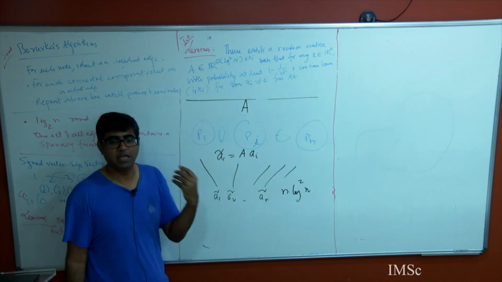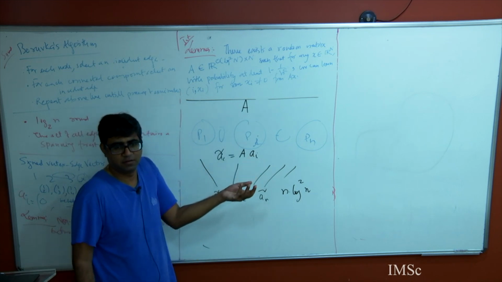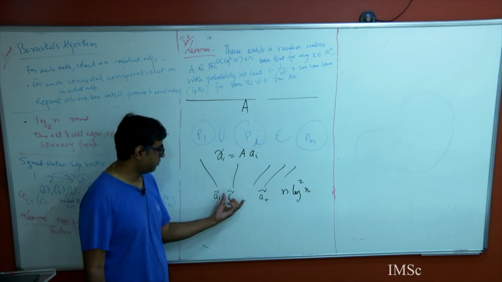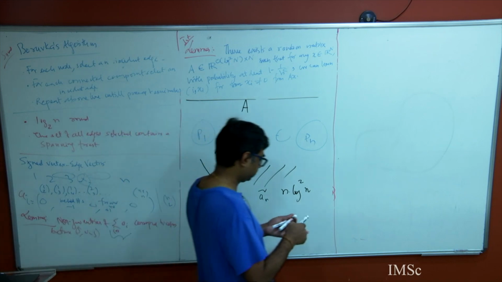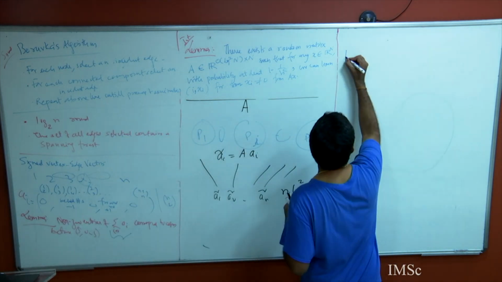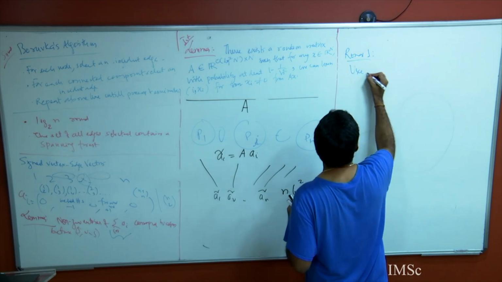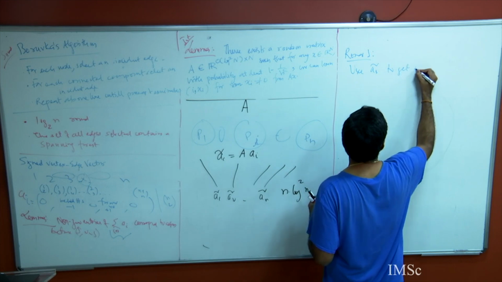It will return a non-zero entry, either 1 or minus 1, and its index. Then I know an edge. So round 1 is great: use the A_i tilde to get an edge.